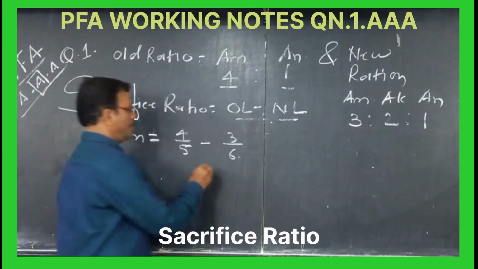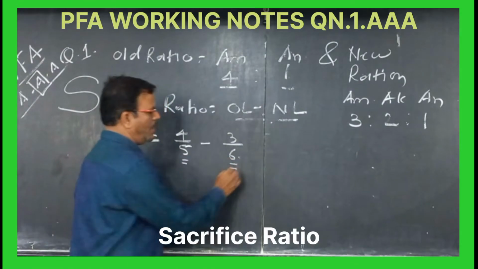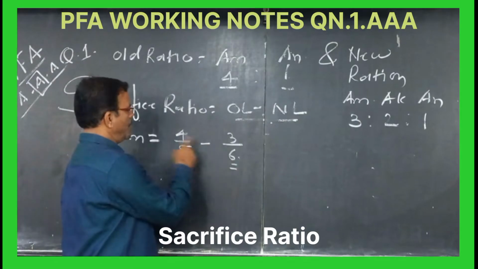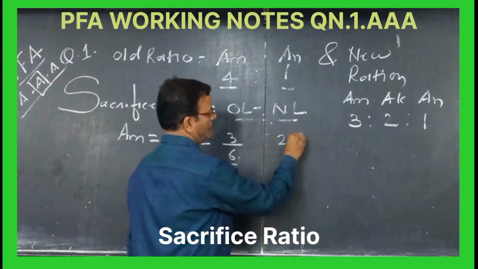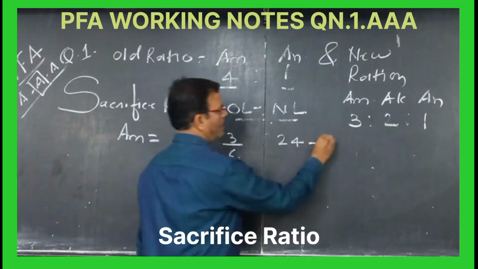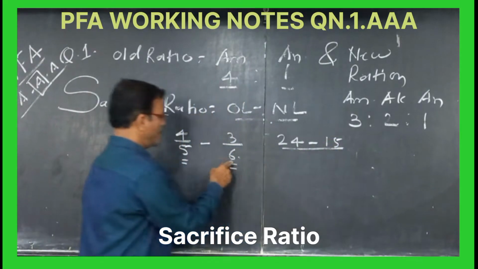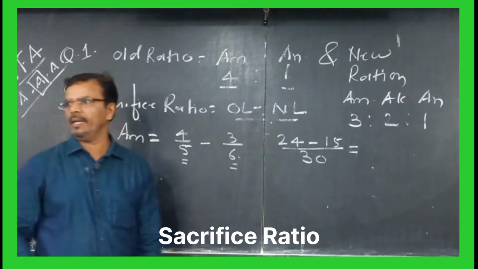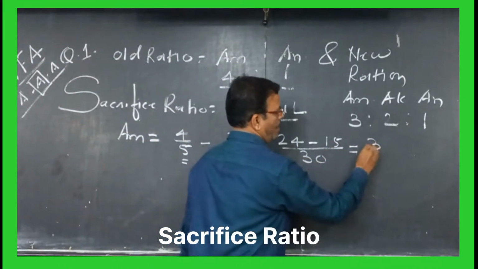This is Amar. Now see that here is 5 and here is 6. So what will we do? Direct cross multiplication. 6 4s are 24, 5 3s are 15, and 6 5s are 30. So how much is coming? 3/10. Very good.